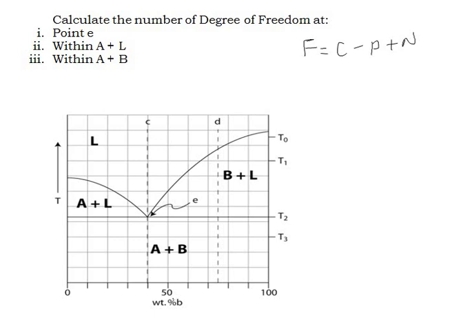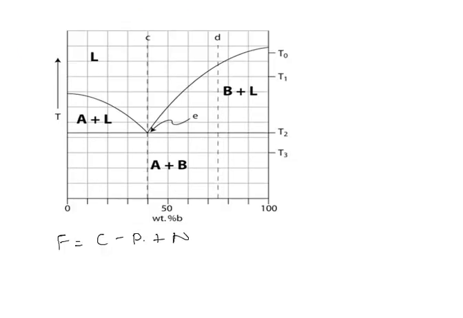This implies that there's not just one single component. Meanwhile, our components will be constant, while our P will depend on the position where we are calculating our degree of freedom. So in this case, we are going to start with point E.